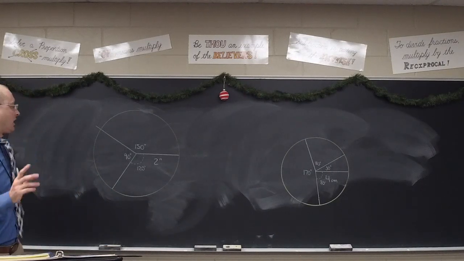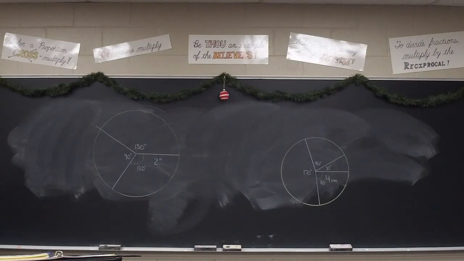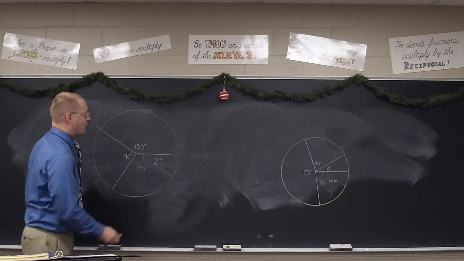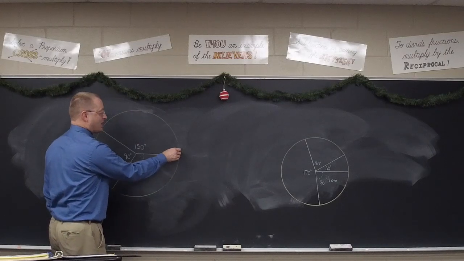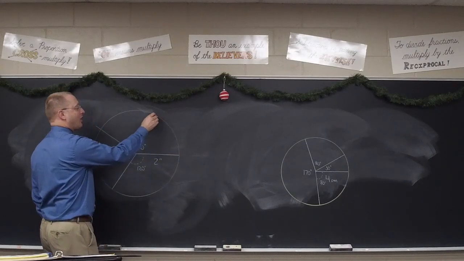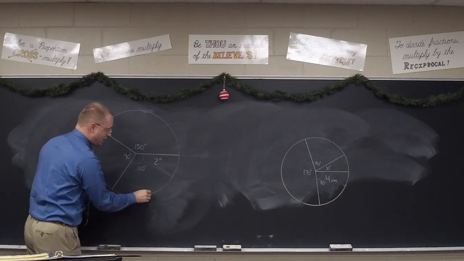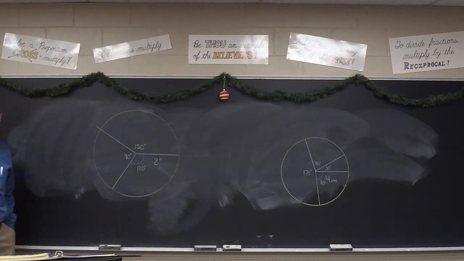Now, interestingly, class, let's just say you were to put a little ant on the chalkboard, and the little ant were to start here, and it were to run all the way around the chalk, that would be the circumference, right?